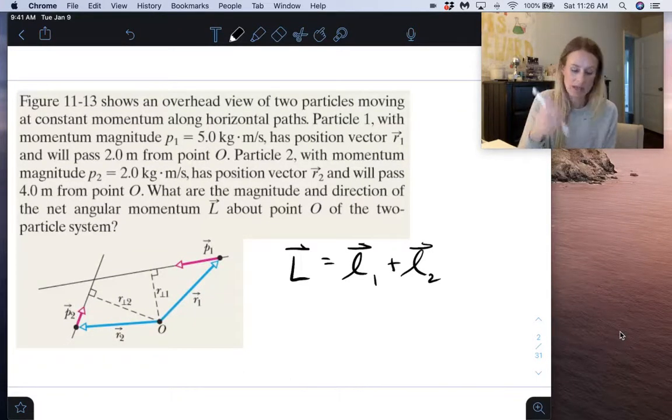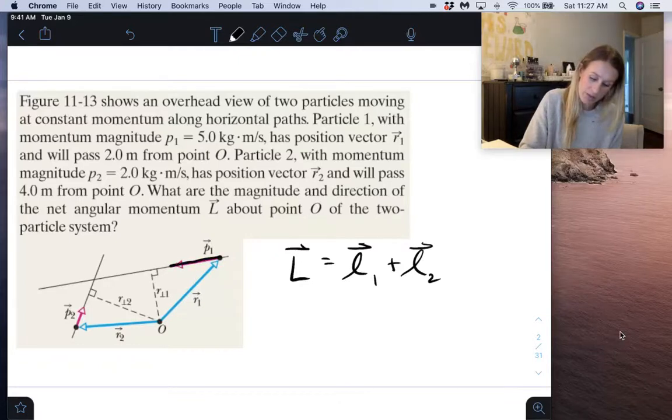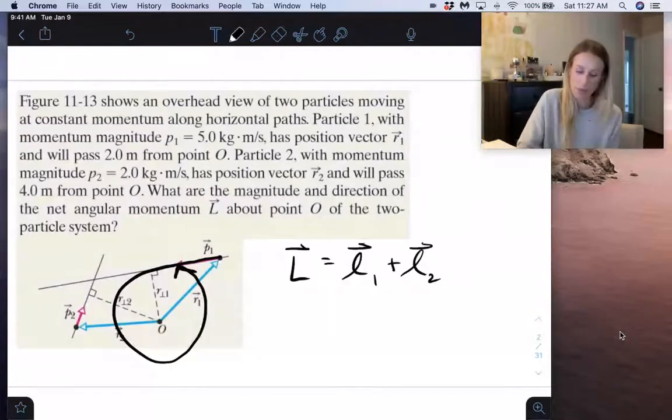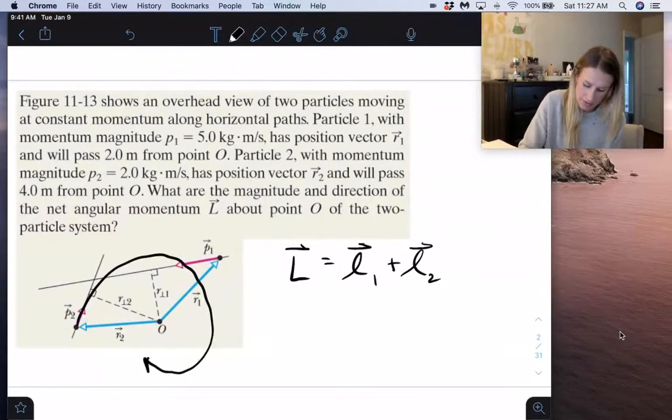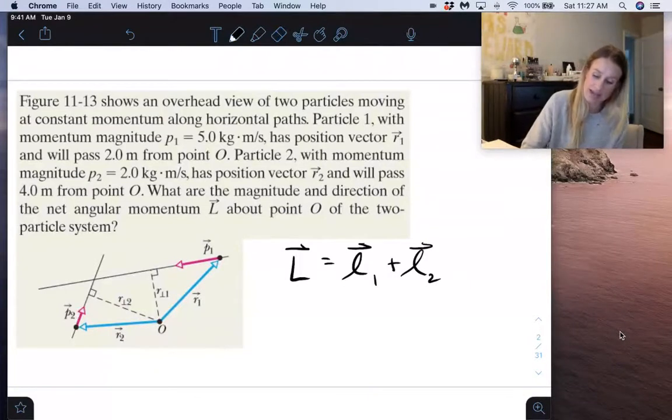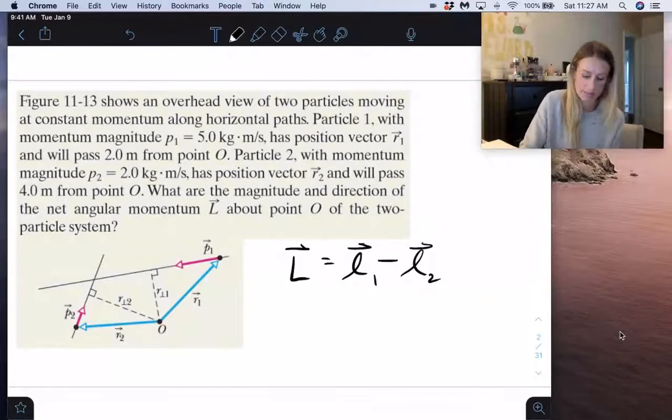So you can see that P1, if it did rotate around point O, is going to be a counterclockwise rotation, which means our angular momentum for particle 1 is going to be positive. And if P2 were to rotate around point O, that would be clockwise, so our angular momentum 2 is going to be negative. So this is actually going to be a negative sign.